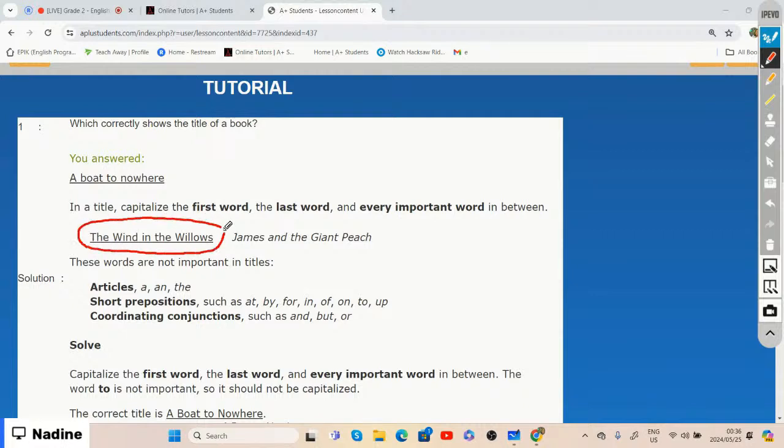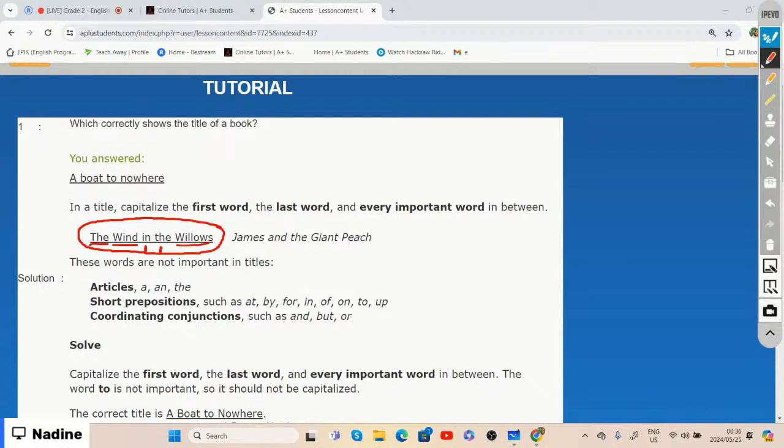The first one. The first word is capitalized, the last word is capitalized, and every other important word in between, which is wind, is capitalized. In is not capitalized. The is not capitalized, right?